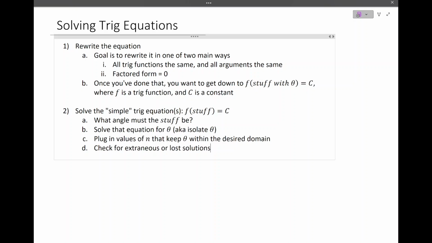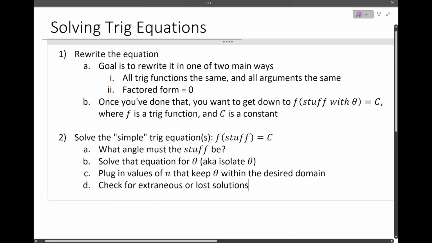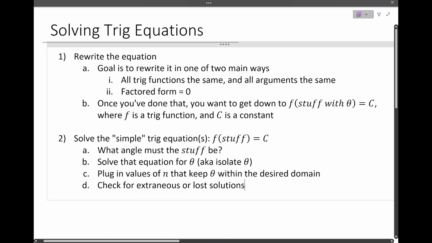But eventually, you do want to settle on a method that is tried and true and somewhat efficient. So in this video specifically, I'll talk about the strategy without an actual example, just to get all the points out there. And then in the next couple videos, we'll do an example showcasing different pieces of this process.